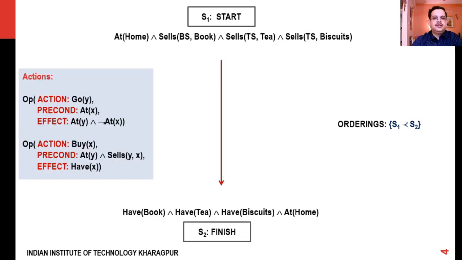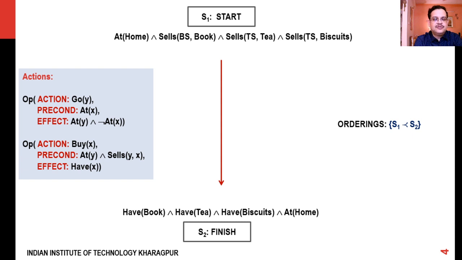So we start with the same example where initially we are at home. So the start action that you see here has the consequence of at home, sells BS book, sells TS tea, and sells TS biscuits. So these are the four consequences of the start action.